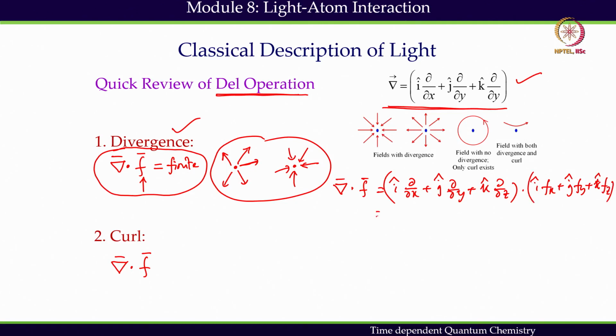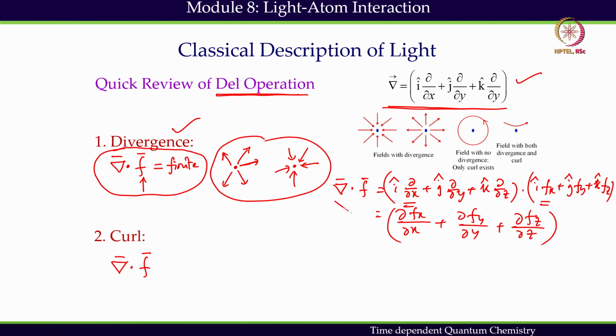If we take the dot product, only these terms survive, the remaining parts would be 0, because i dot j would be 0, they are perpendicular to each other, cos theta would be cos 90 degrees, which is 0. So finally, I get del fx by del x plus del fy by del y plus del fz by del z. That is the value we get.